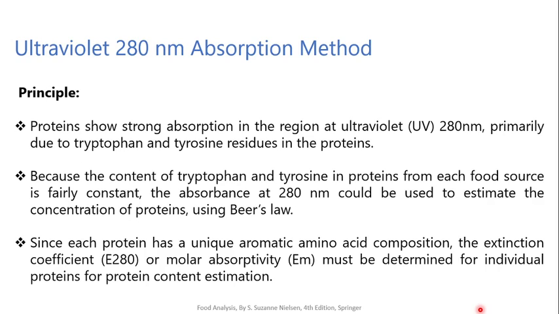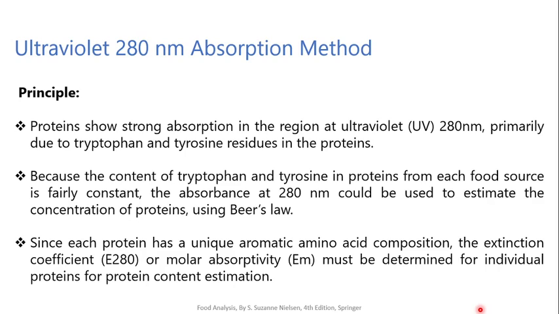This is primarily due to the presence of tryptophan and tyrosine residues in the protein, which show absorbance in that particular range. Because the content of tryptophan and tyrosine in the protein from each food source is fairly constant, the absorbance at 280 nanometers can be used to estimate the concentration of proteins using, as usual, Lambert-Beer's law.